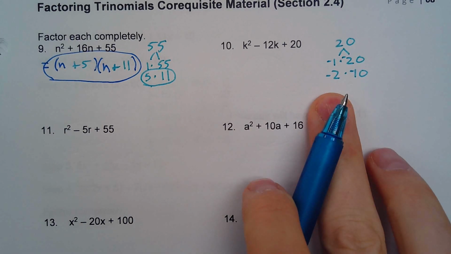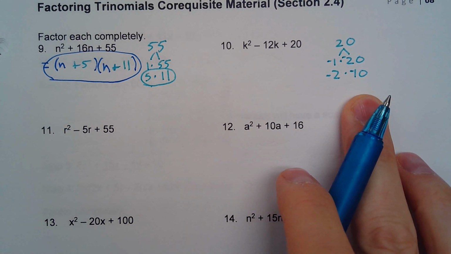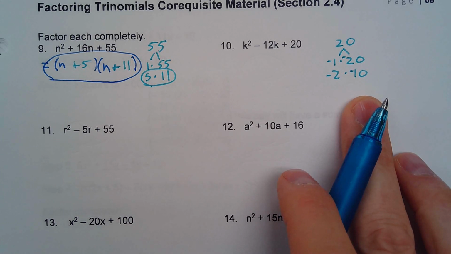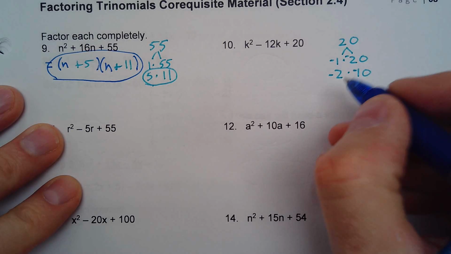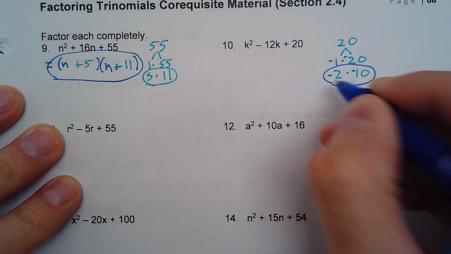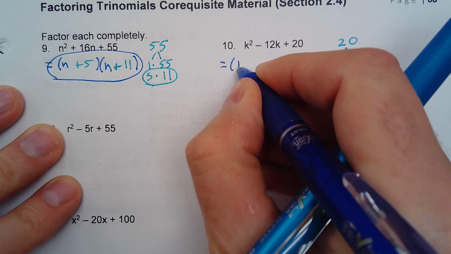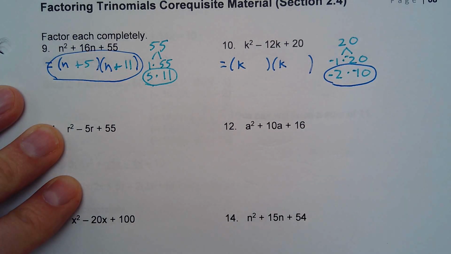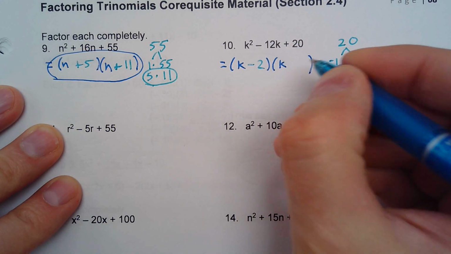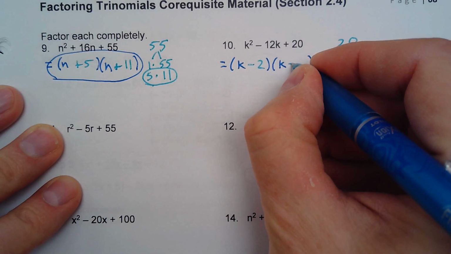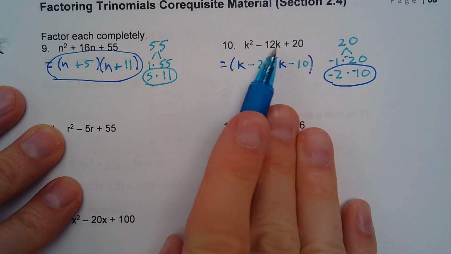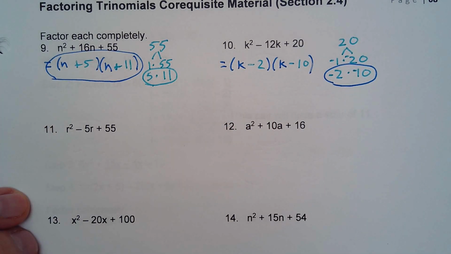But now when I add the negative 2 and negative 10 together, it gives me a negative 12 instead of a positive 12. And that's what I want. So this is the combination I want. K minus 2, and K minus 10. Again, I can FOIL it out, verify, and get that middle term of negative 12K.